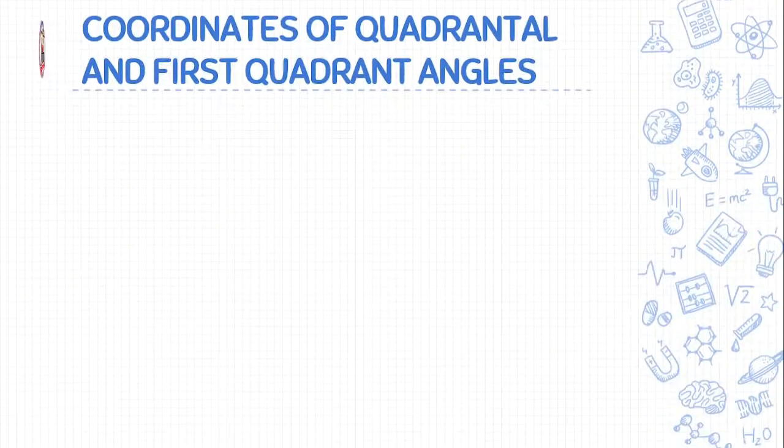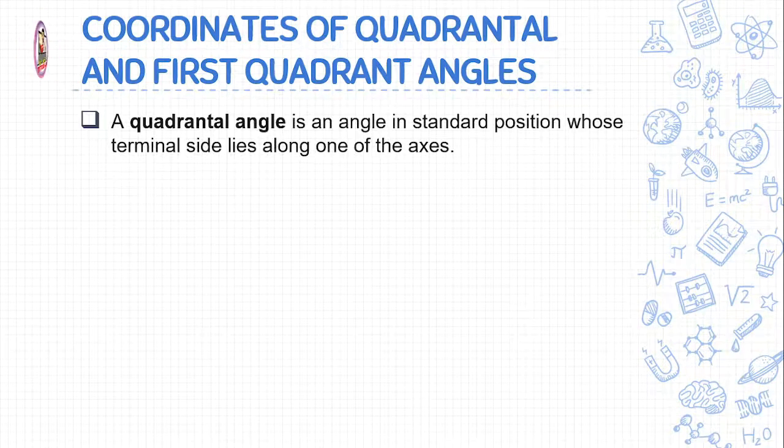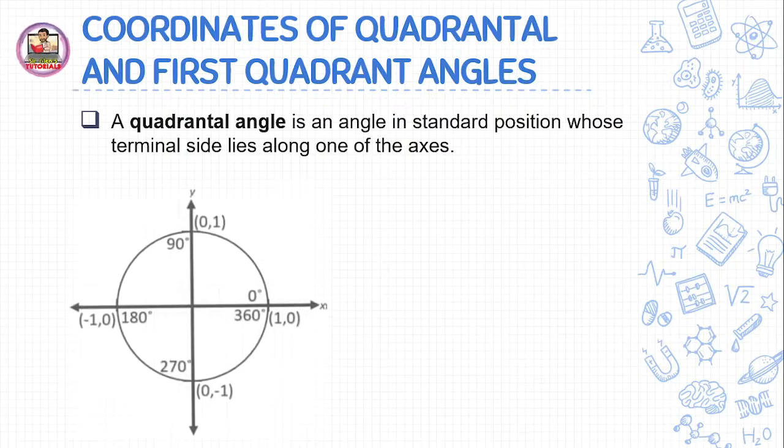So let's talk about the coordinates of quadrantal and first quadrant angles. A quadrantal angle is an angle in standard position whose terminal side lies along one of the axes. So quadrantal angle siya kung ang kanyang terminal side ay nakapaloob sa mismong x-axis or y-axis.